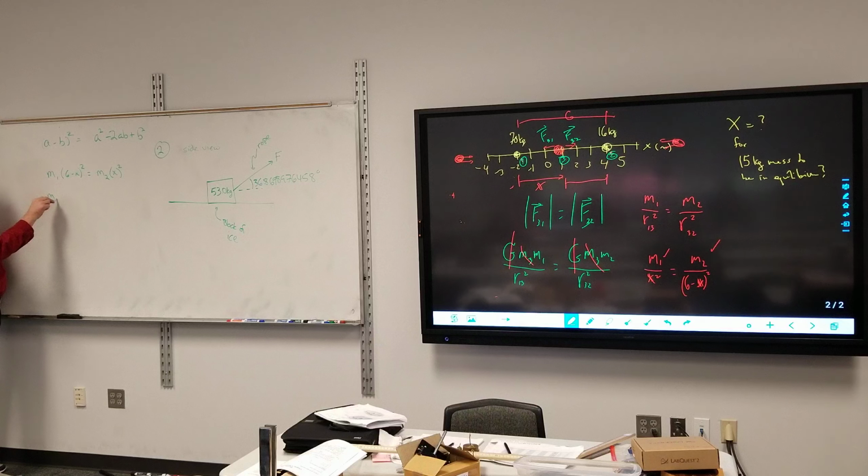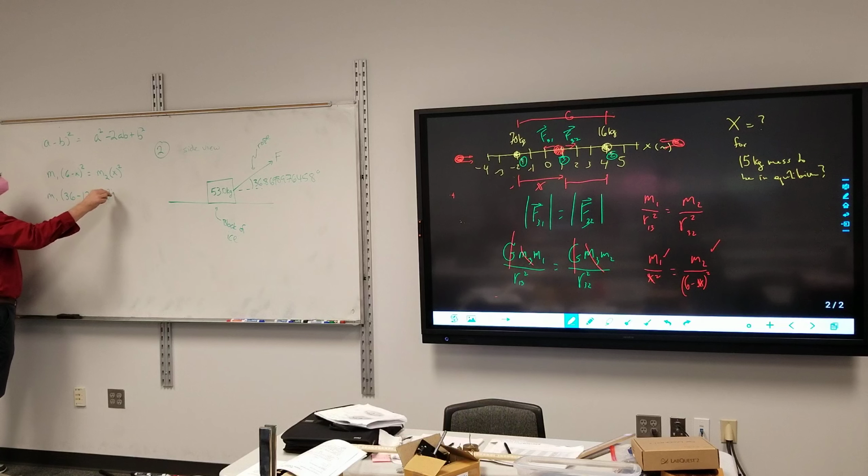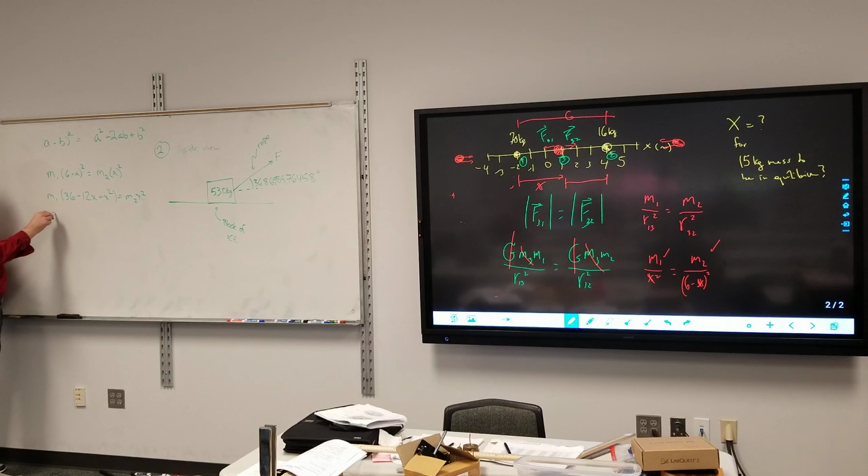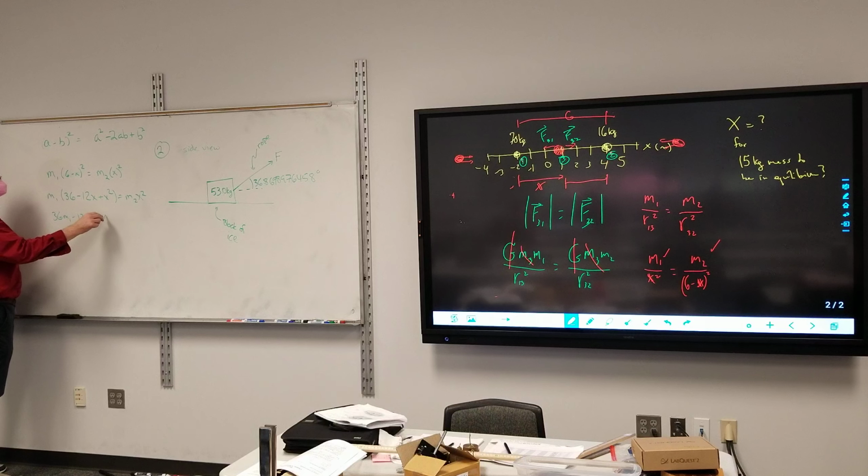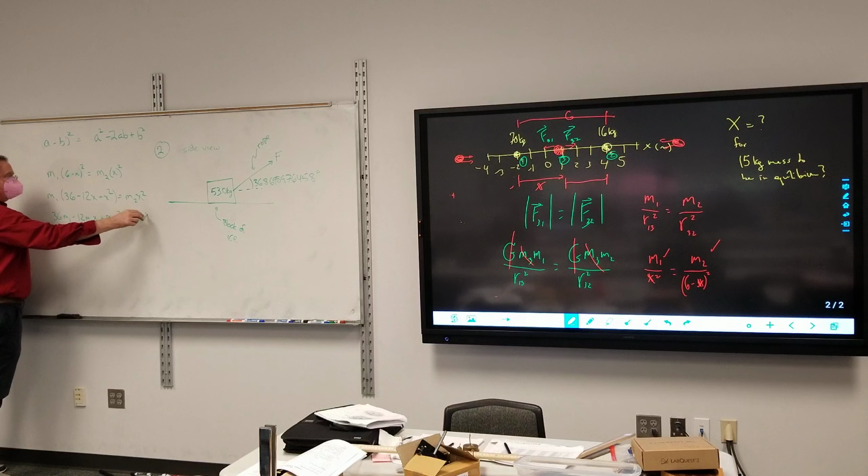So this becomes M1 times (36 minus 12x plus x squared) equals M2 x squared. 36 M1 minus 12 M1 x plus M1 x squared equals M2 x squared.